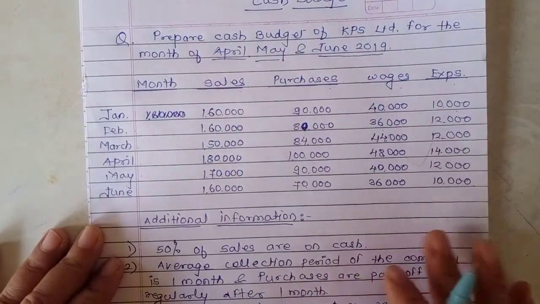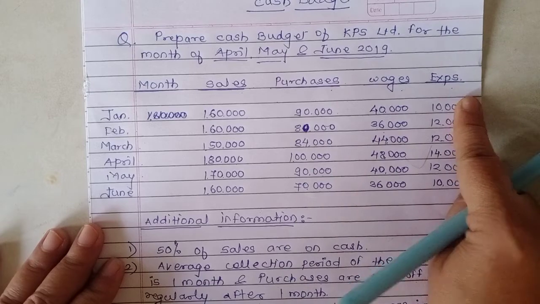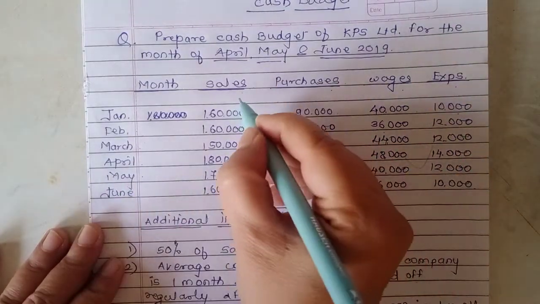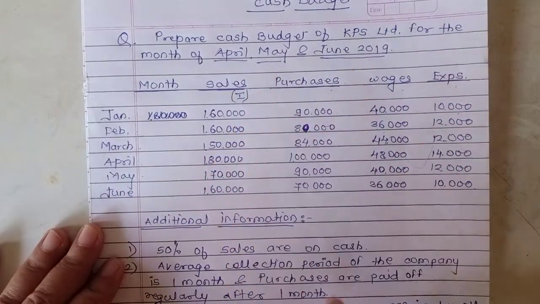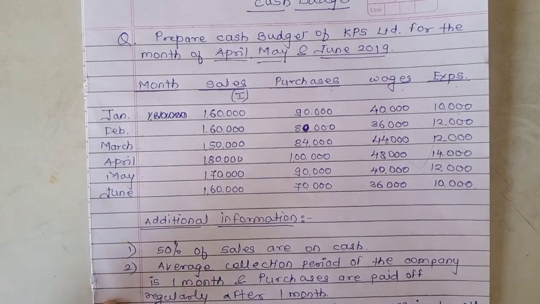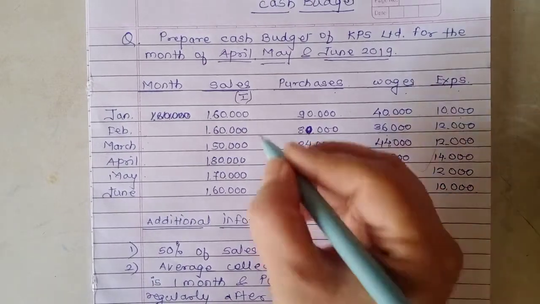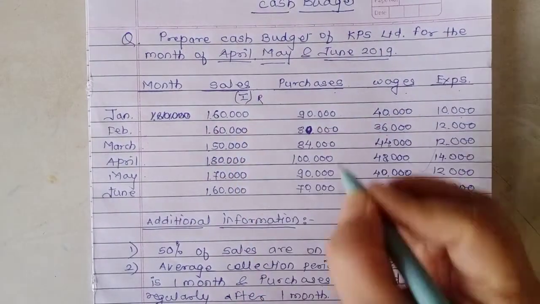They have given us the information: sales, purchases, wages and expenses. Out of this, sales is your income, because you are selling the goods and earning income. So it's your receipt.